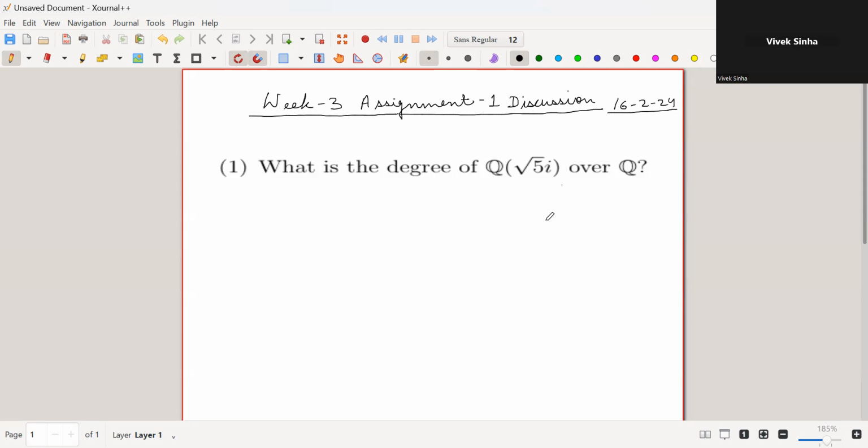So one thing is clear, that the degree should be greater than 1, right?